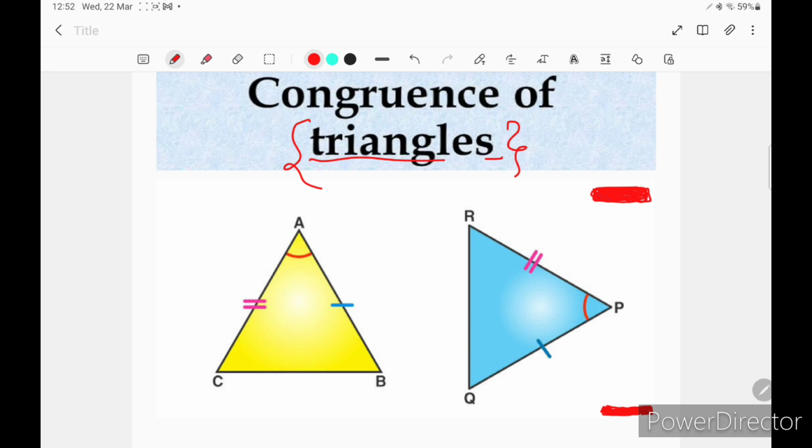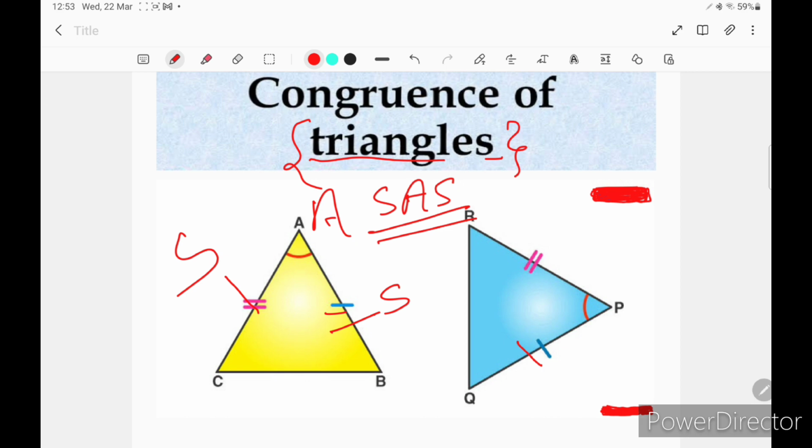Here two triangles are given, triangle ABC and triangle PQR. You can see that side AB is equal to PQ, AC is equal to PR, and BC is equal to RQ. So this follows the SAS criteria. According to the SAS criteria, the triangles are congruent.